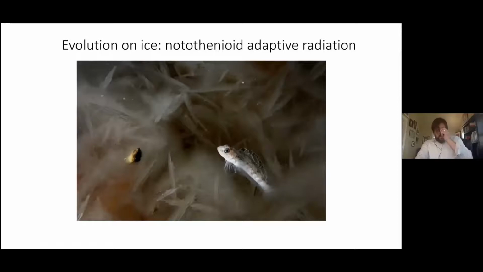The example I want to tell you about today is looking at fish that grow in the Antarctic ice. These are notothenioids. Here's a picture of one sitting amongst formations of ice in the Antarctic water. This is a wonderful study system because they show an immense number of different traits derived from living in lower temperature water that can be attributed to similar things happening in patients.